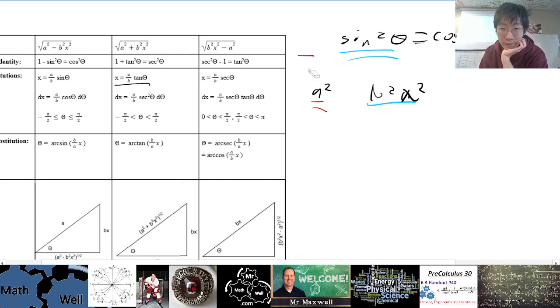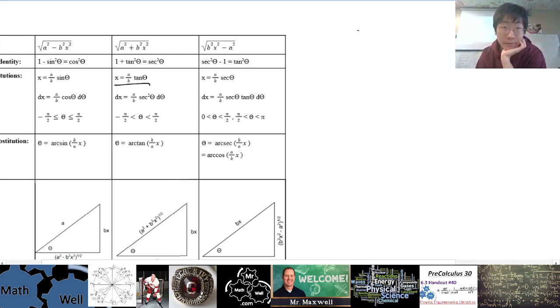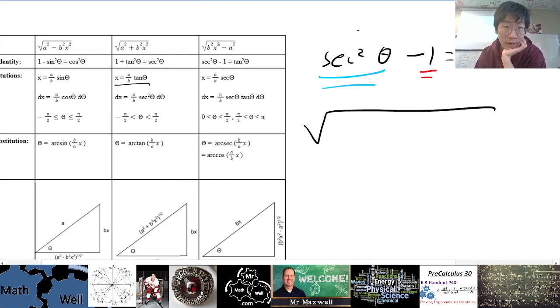Well, if we just write out this identity quickly, secant squared theta minus 1 equals tan squared theta, what we have is a variable square minus a constant square. And that's why the corresponding form you substitute for is a variable square, b squared x squared, minus a constant square, that a squared. All right, so that's the difference between those two.